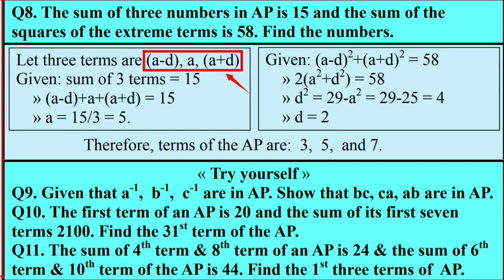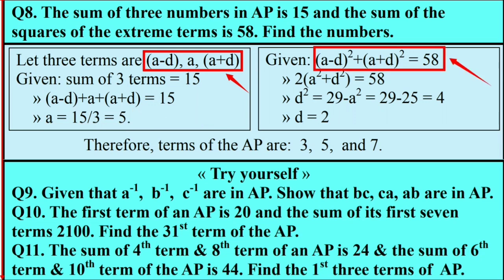Let's proceed with the solution with these three values, and we get the equation a minus d plus a plus a plus d equal to 15. And here we clearly find that d gets cancelled, and immediately an equation in two variables gets converted to one variable, and we get the value of a as 5.